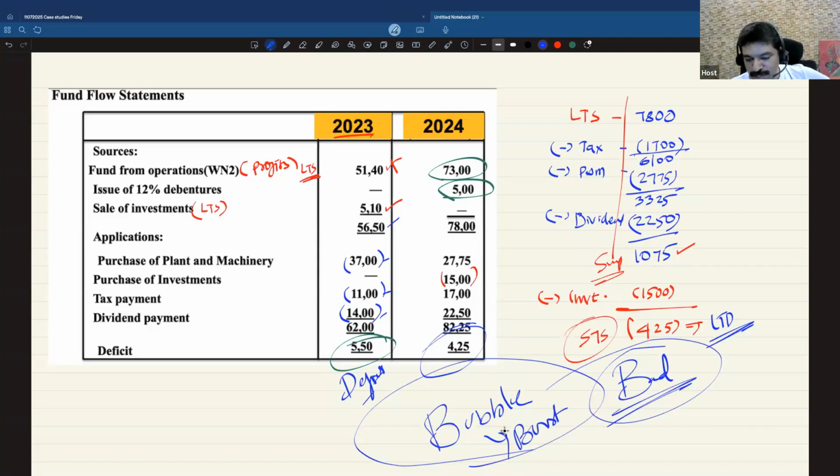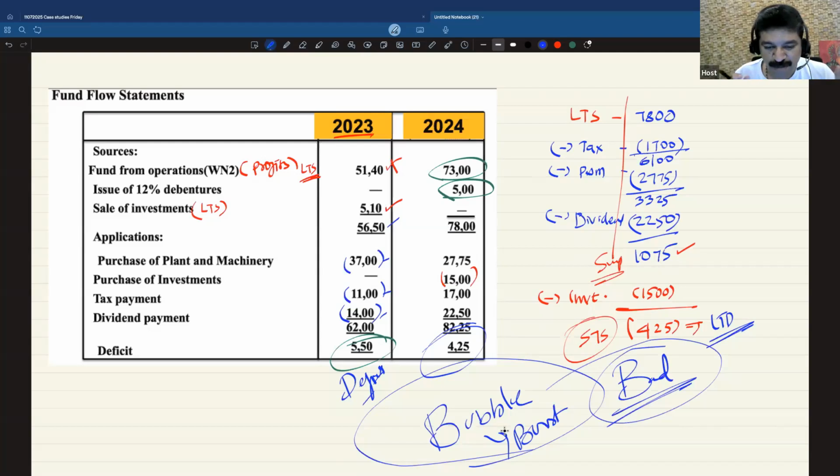And they will use the fund flow statement as a precautionary tool, especially if they want to avoid certain borrowers, because the fund flow statement will give you the picture in a much deeper sense with significant clarity. Okay, so that is the very purpose of the fund flow statement.